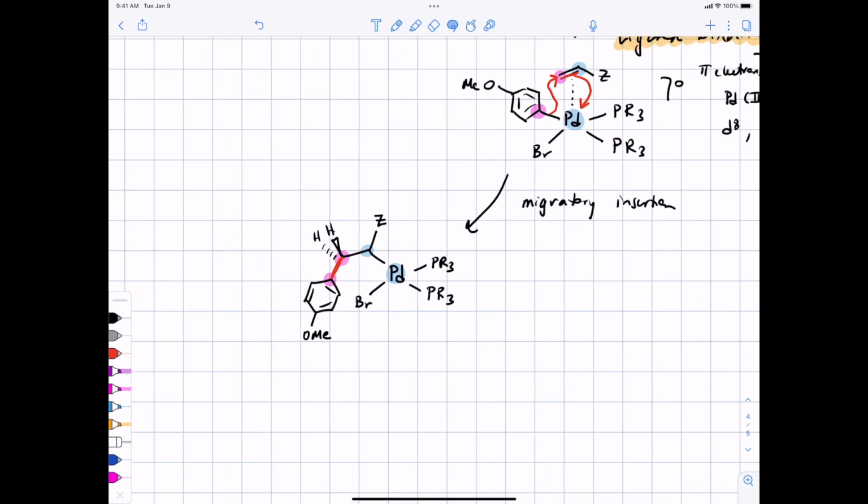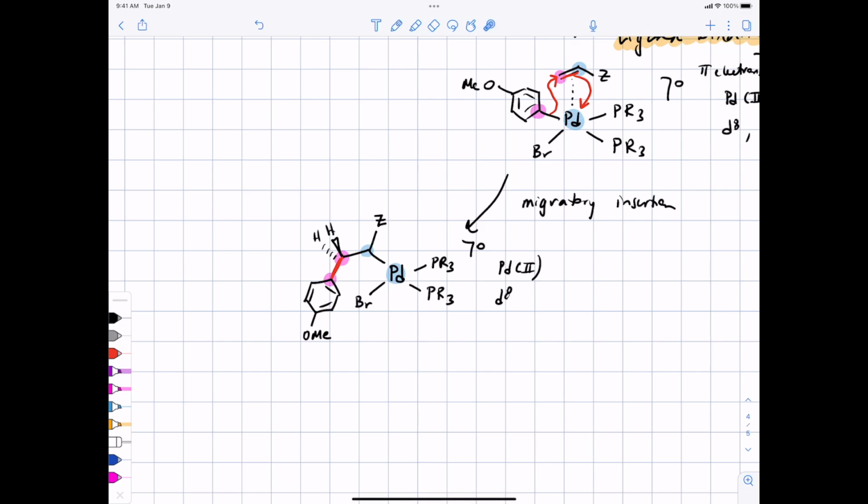All right, migratory insertion. Let's check our oxidation state. We still have two X-type ligands attached to the metal. The overall charge on the complex is still 0, so this is still palladium 2. Let's count d electrons. Because it's palladium 2, that's a d8 complex.